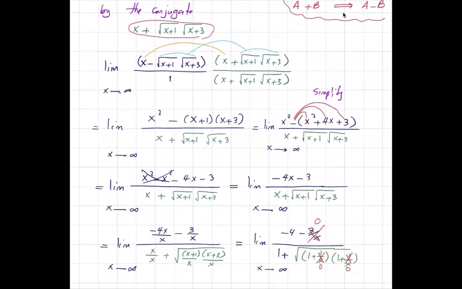You get negative 4x minus 3 divided by x plus square root of x plus 1 times square root of x plus 3, as x goes to infinity. Apply the method of finding the limit by dividing by x.